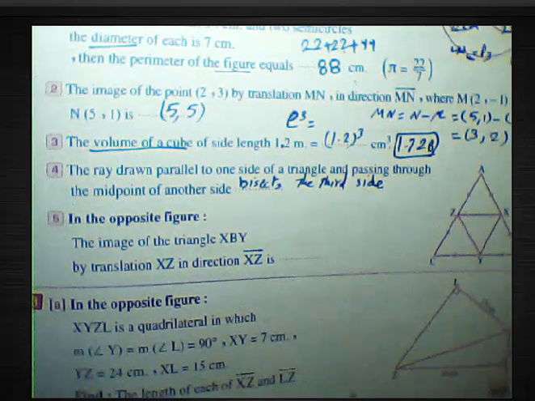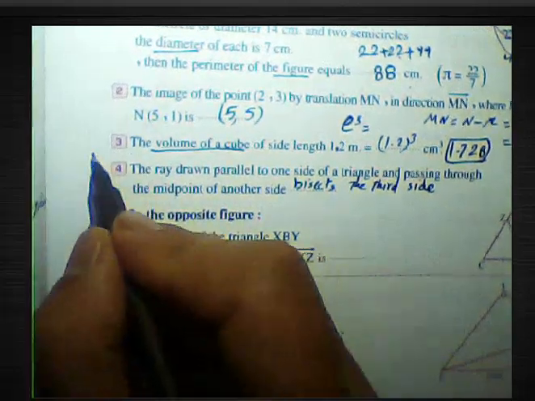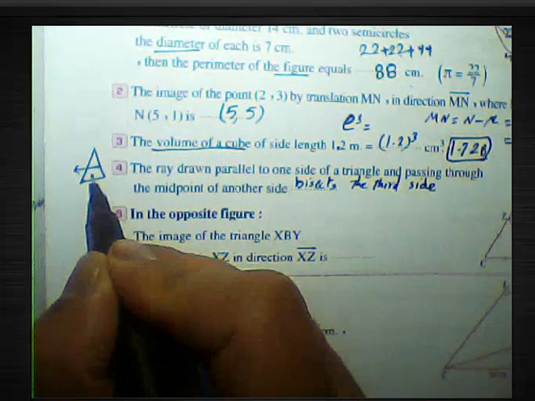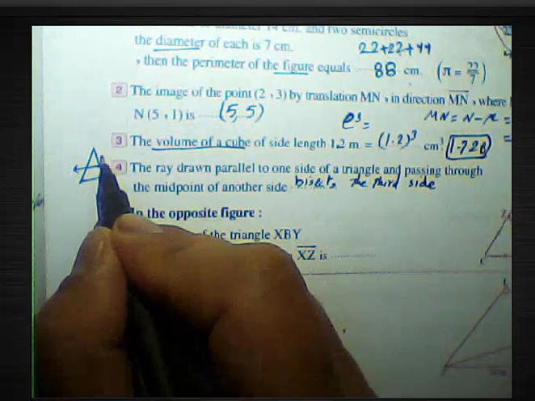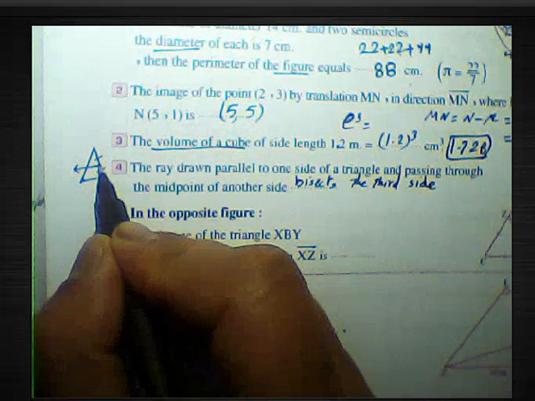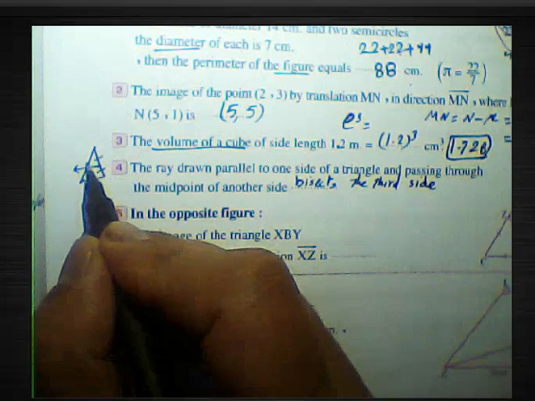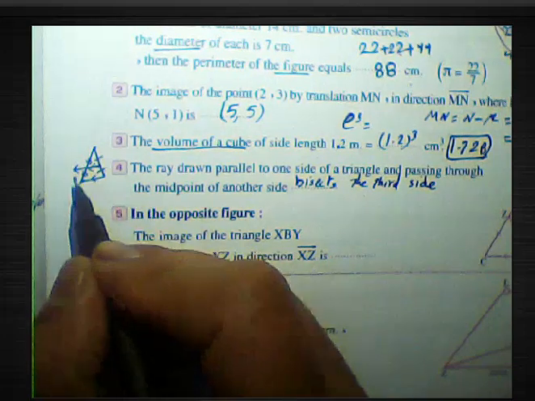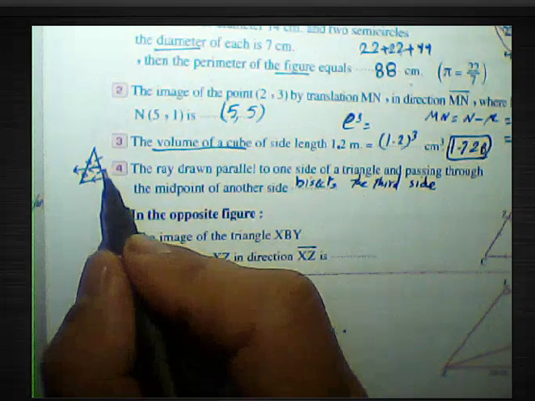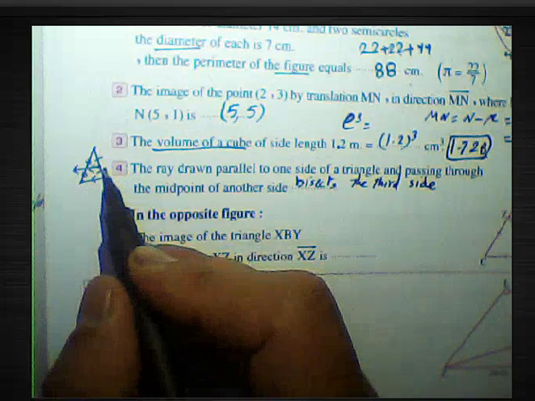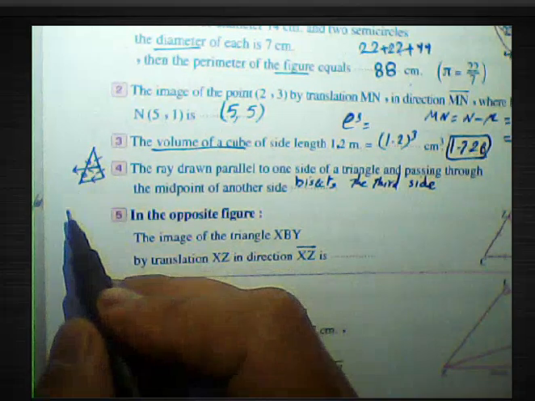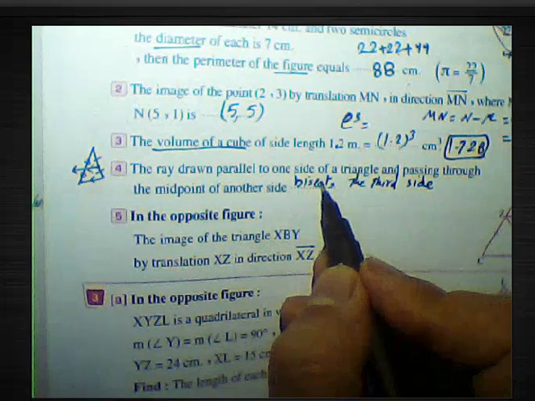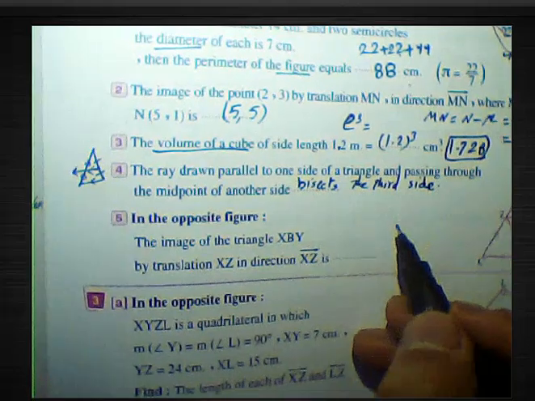Understood? We have a triangle here. This is a ray drawn at the midpoint of a side, and it bisects the other. It will be parallel to the base, or the inverse. If this side is parallel to the base and drawn from the midpoint, it will bisect the third side. We can write: bisects the third side, okay?